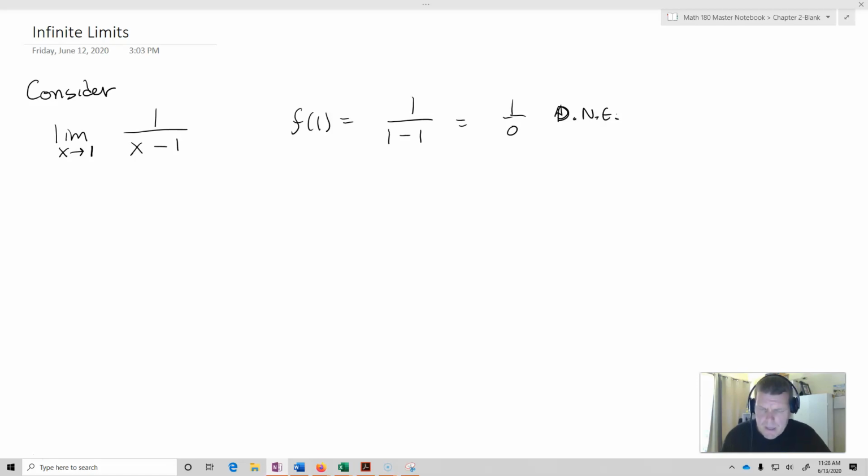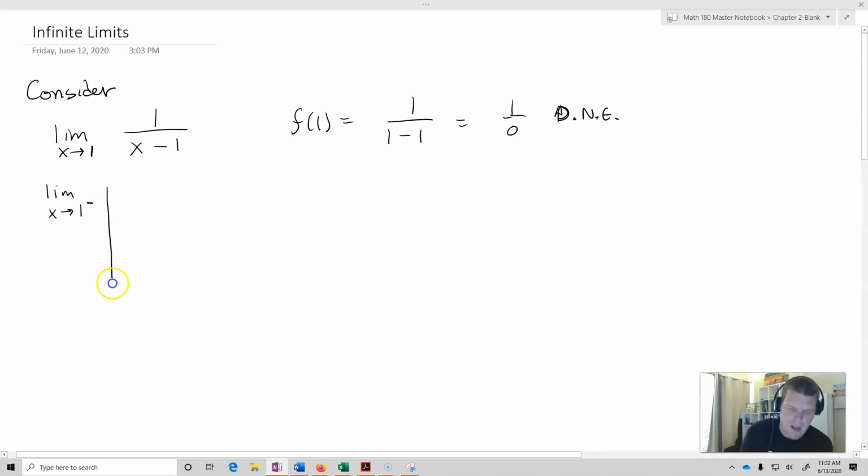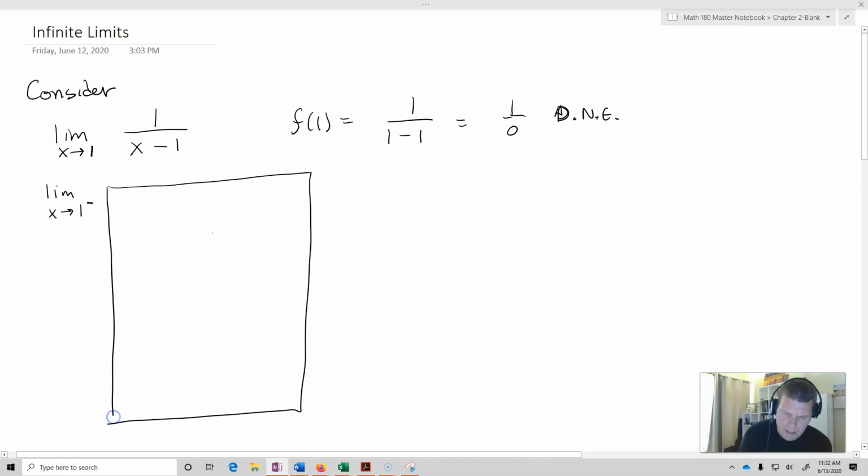So let's first see what the limit is as x approaches 1, and we'll do it now from the negative side. We're going to look at the limit as x approaches 1 of 1 over x minus 1, first from the left-hand side. I'm going to draw a table to do this. I'll have x, then x minus 1, then f of x.